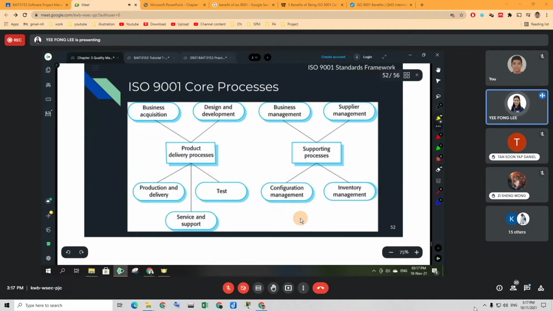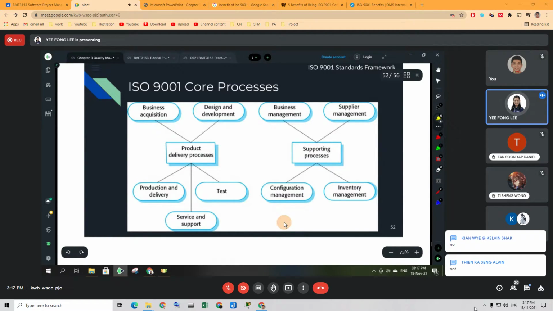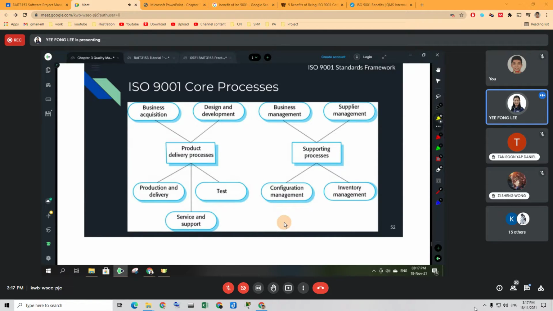So what is this about? Have you ever seen this picture before last time during software engineering? No.